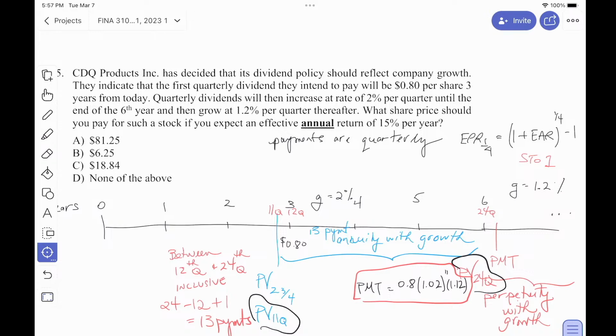Adamaris, I said there are 13 payments, 12 intervals, but 11 with growth. Not sure your question. I'm not sure of your question. All right. So what's the answer?